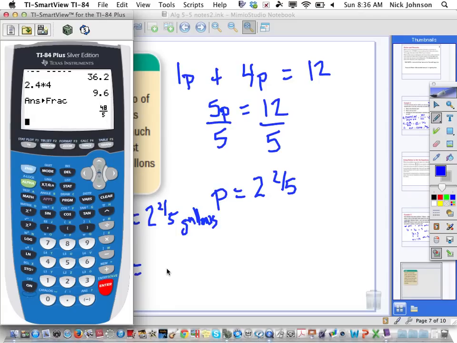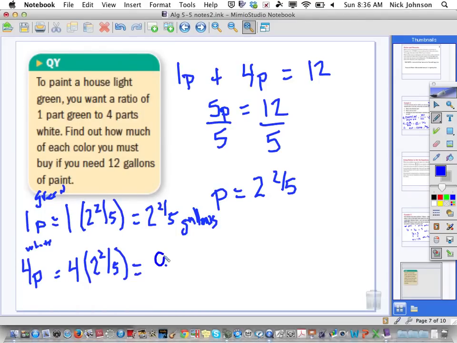Everyone agree with that? So this is 9 3/5 gallons. Now, let's see if it worked out. If I add these together, 2 plus 9 is 11. And 2/5 plus 3/5 is another whole, so that's 12 gallons. So yeah, it worked. That's a good way that you can check to make sure that you got your answer correctly.